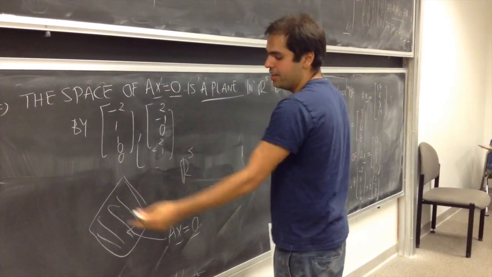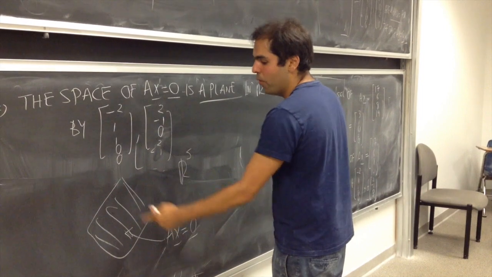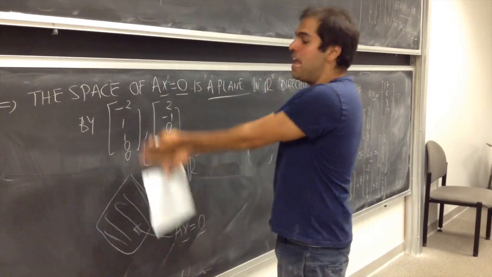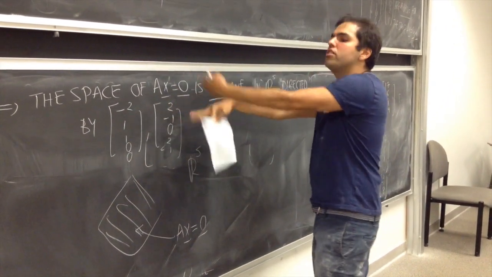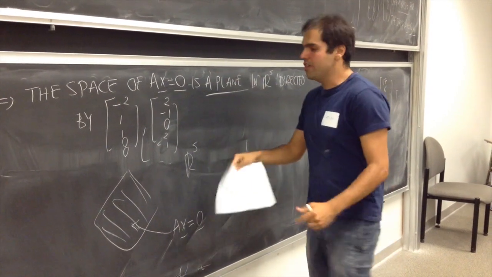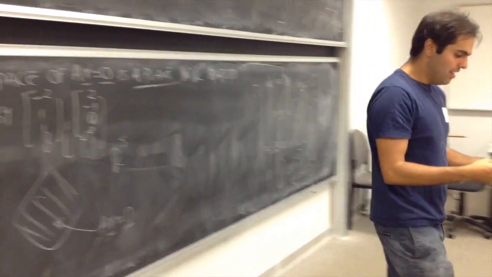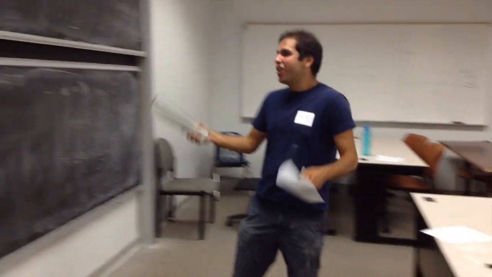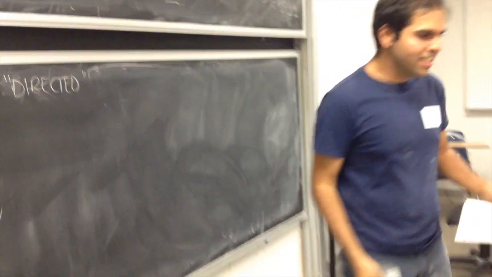Well, as I said, it's either the empty set, one point, or a plane or hyperplane, something three-dimensional or something higher dimensional. And that was the big chunk of the study of linear algebra, more focused on studying the matrices.